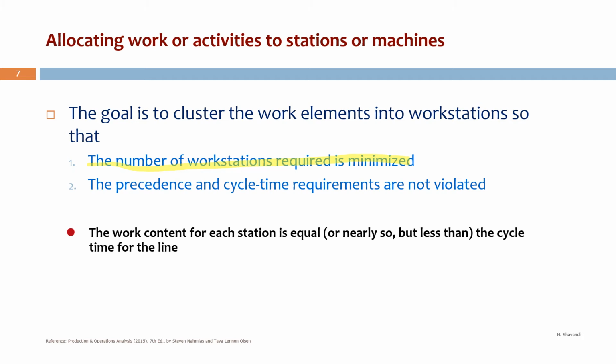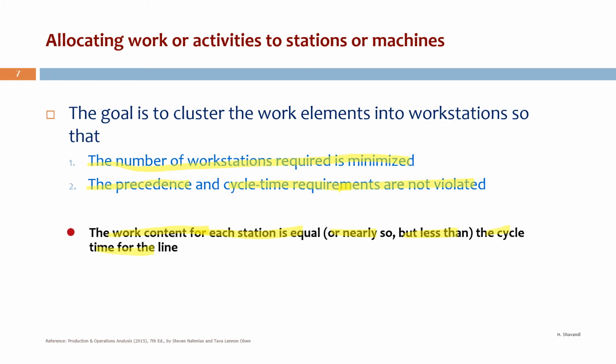And the precedence and also cycle time requirements are not violated. Okay, and also the work content for each station is equal, or nearly so, but less than the cycle time for the line.